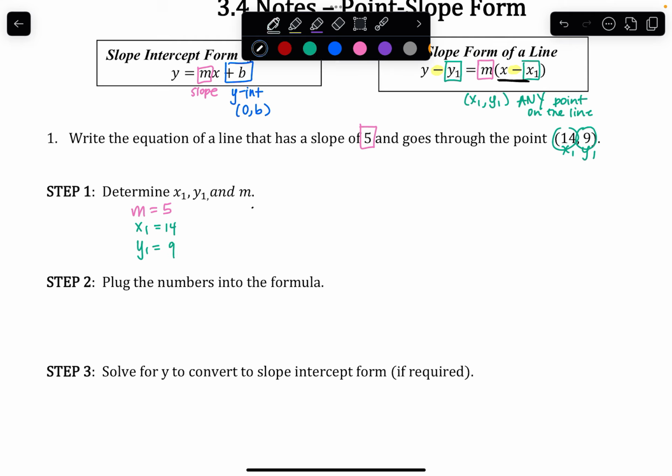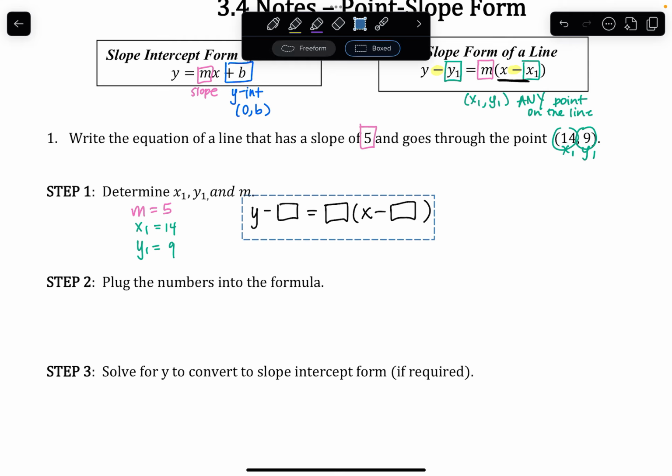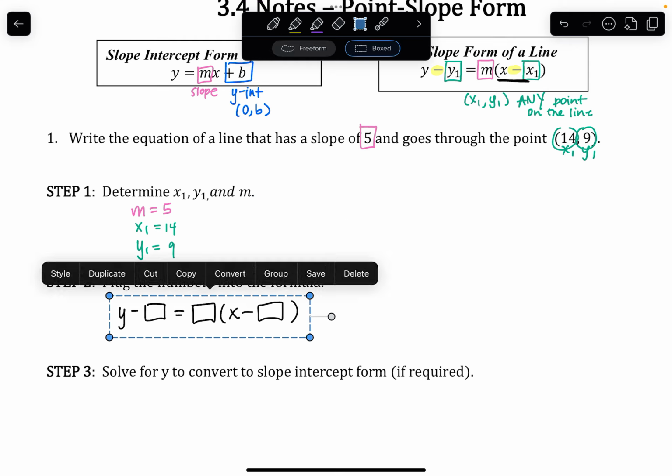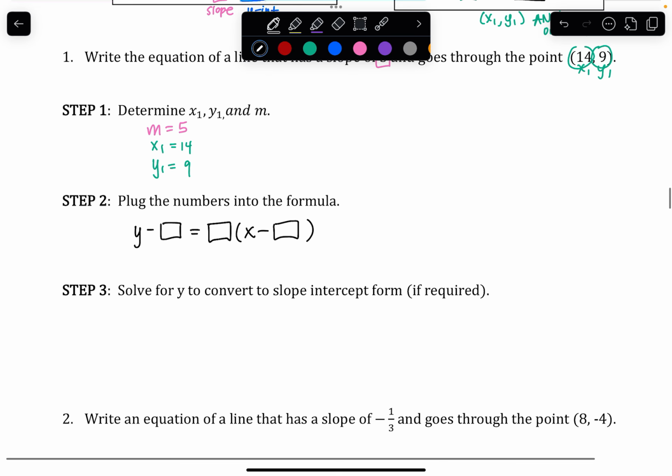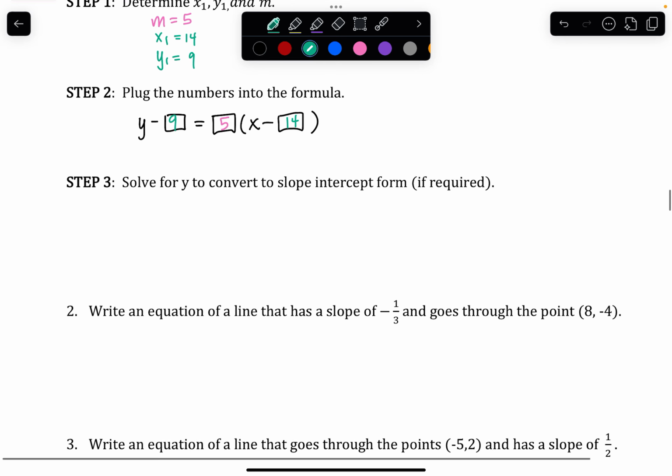Okay, and so to set up the formula, it's y minus the y equals m times x minus the x. Okay, and so to plug these into the formula, m goes in front of the parentheses, in front of x. The x-coordinate goes inside the parentheses with x, and then the y-coordinate goes on the other side with y.